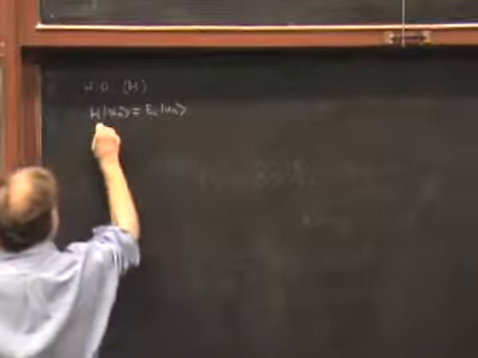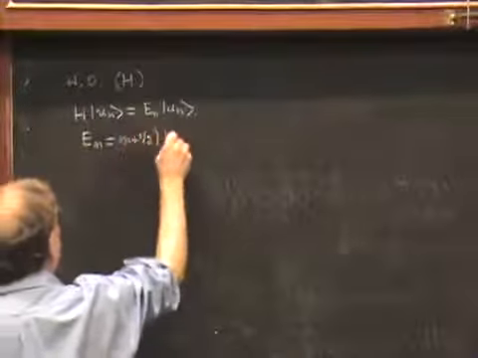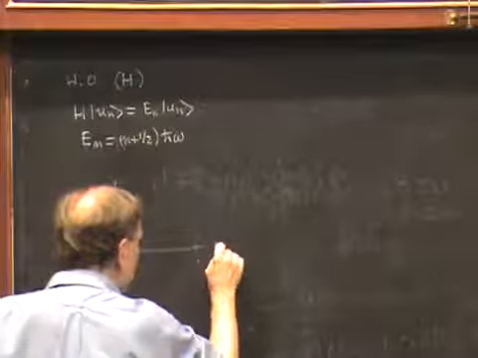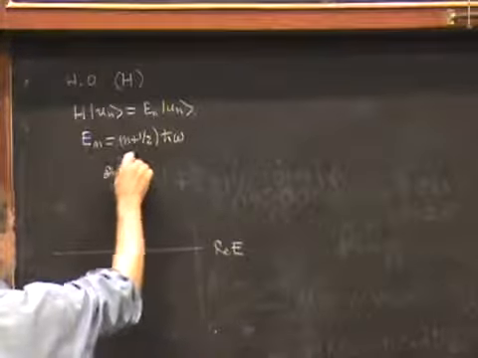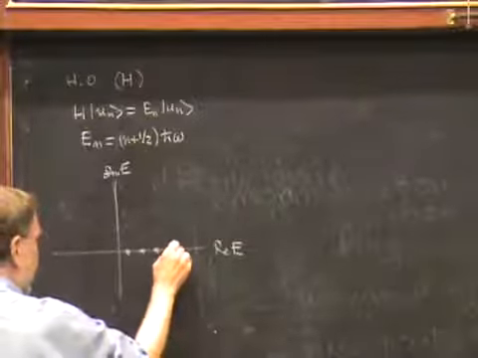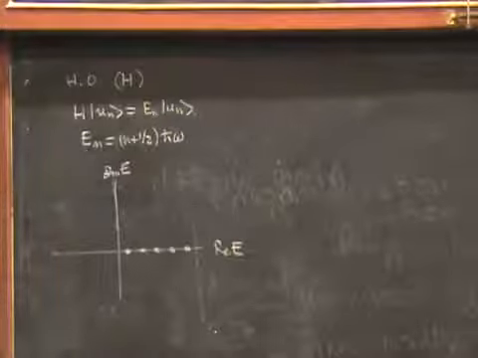And as you all know, the energy eigenvalues are equal to (n plus a half) h bar omega. So for the spectrum, we have to look in the complex energy plane. There's real energy, imaginary energy. The spectrum consists of points first 1/2, then 3/2, 5/2, 7/2, and so on. As you see, it's a discrete spectrum, and it's on the real axis.